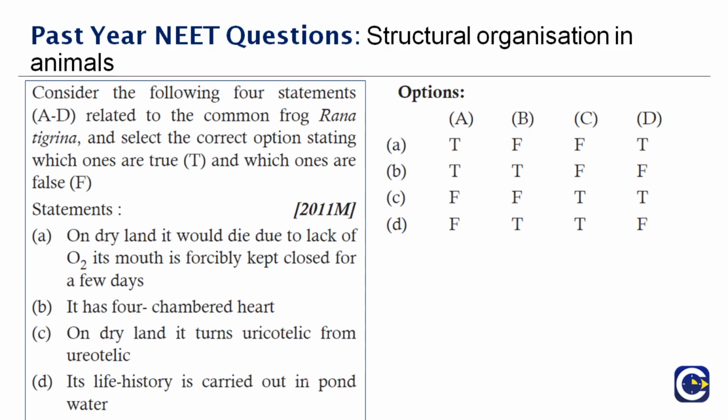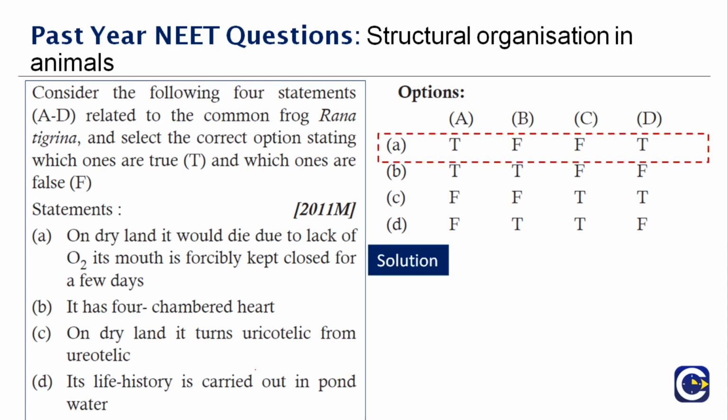Next question here. Consider the following 4 statements, A to D, related to the frog Rana tigrina, and select the correct option stating which one is true and which one is false. Now I'll give you the answer so that it will be easy for you to analyze. The correct answer is option A. The first option is true. On dry land, it would die due to lack of oxygen.